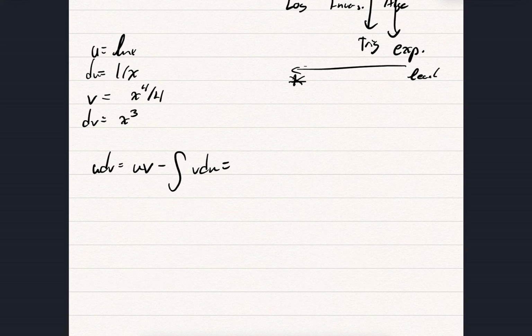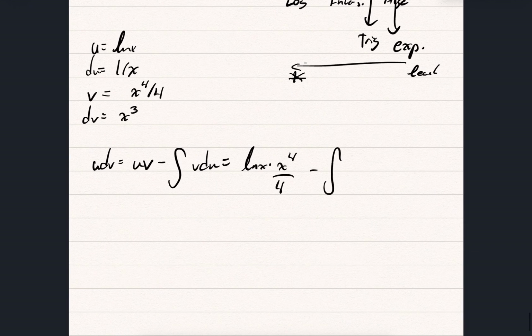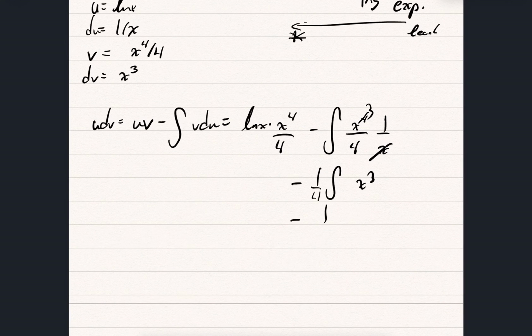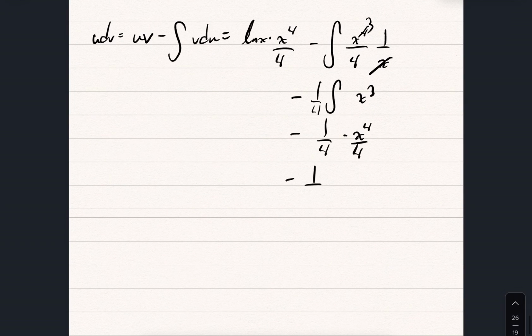Equals ln x times v, x to the 4 over 4, minus the integral of v du, which is x to the 4 over 4, times du, which is 1 over x. We lose a degree. This becomes 1 over 4, the integral of x cubed, equals 1 over 4 times x to the 4 over 4, minus 1 over 16 x to the 4.